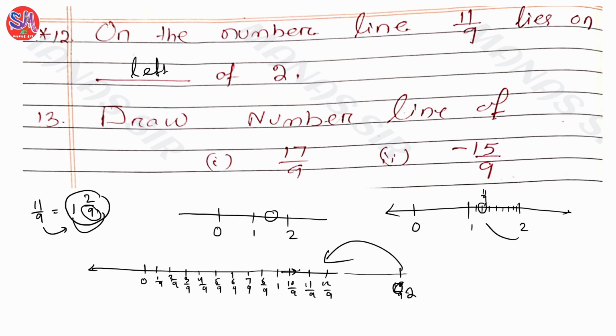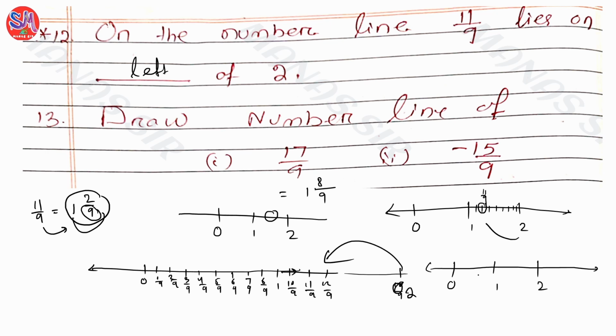Okay. Now next question. Draw the number line for 17 by 9. 17 by 9 means first we draw a number line. Here is 0, then 1, 2. Now we convert 17 by 9: 9 2s are 18, 9 1s are 9, so 1 whole 8 by 9.